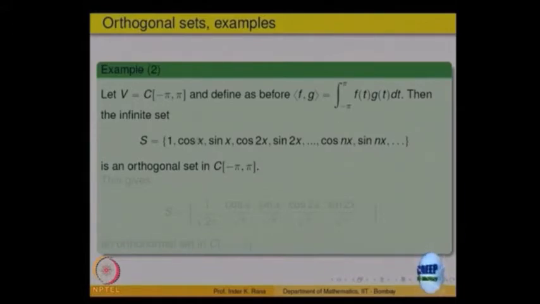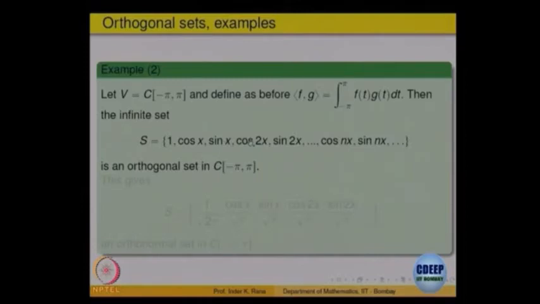But if you look at cos and sin, the product, and integrate between minus pi to pi, what is that integral? Check out, that is 0, right. And similarly, when I say the integral of cos x is 0, that is 1 times cos x, the integral is 0. That means 1 and cos x are perpendicular to each other. Similarly, cos x is perpendicular to sin x.